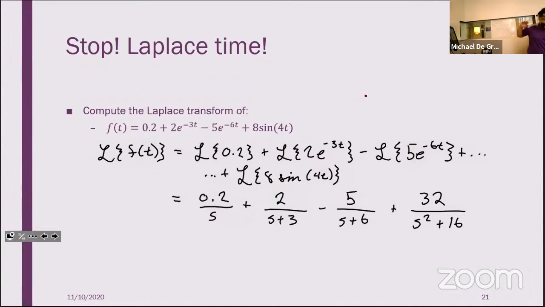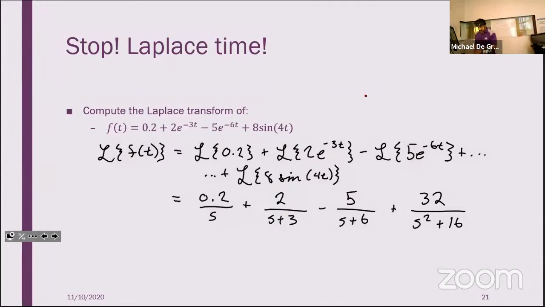Okay. So if you get a big honking function like this that looks really intimidating because we never did anything like that, but we did all the pieces, you can always break it up. Whenever you have a linear function that you're trying to take the Laplace transform of, you should be able to apply it to each of the pieces.